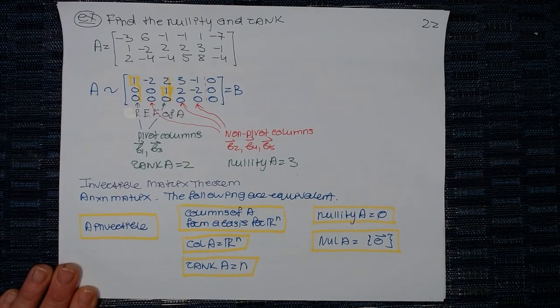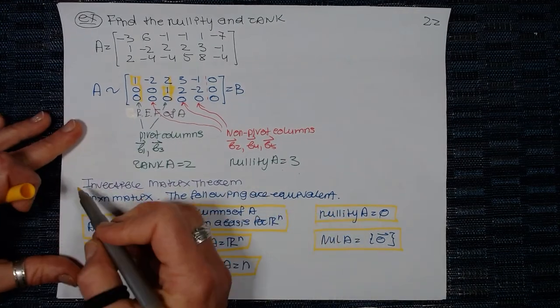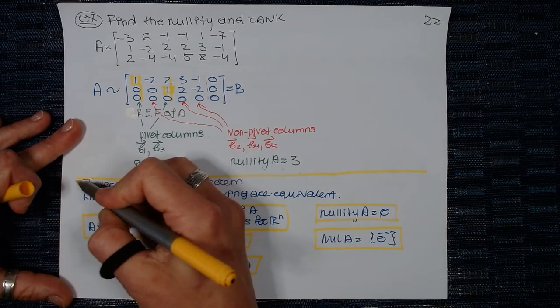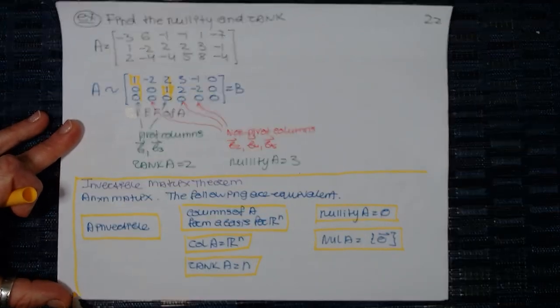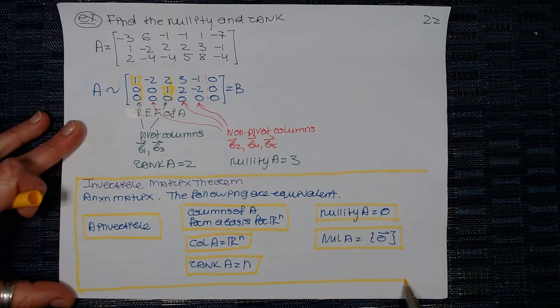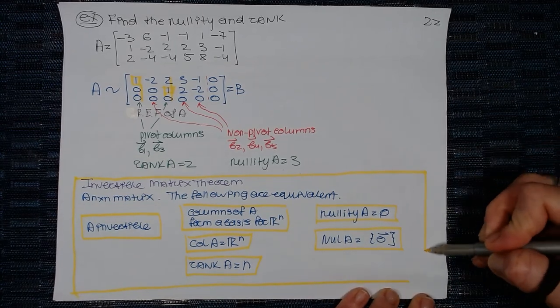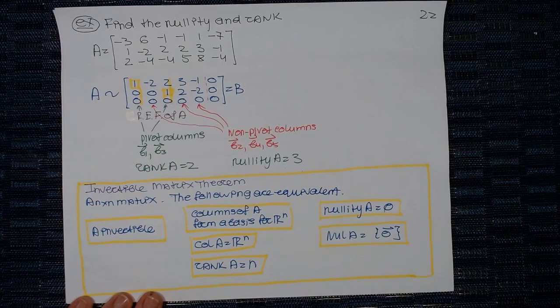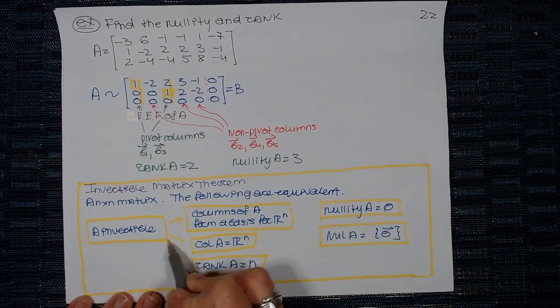And the very last thing, again, we did this before so we're not going to do very much of it, but just to review the invertible matrix theorem: my matrix A is invertible, which is equivalent to all of those different conditions.